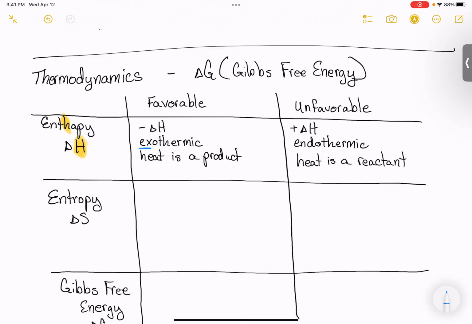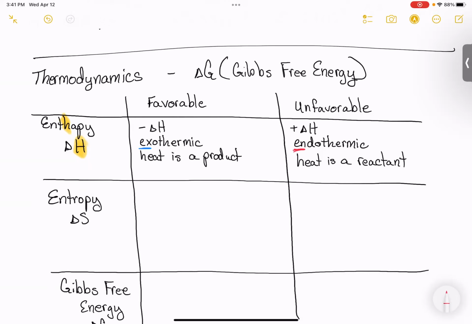The same thing over here. Endo begins with EN, just like enter. And what enters into a reaction? The reactants, and that's why heat is a reactant. So it's my little way of helping you keep the term straight.